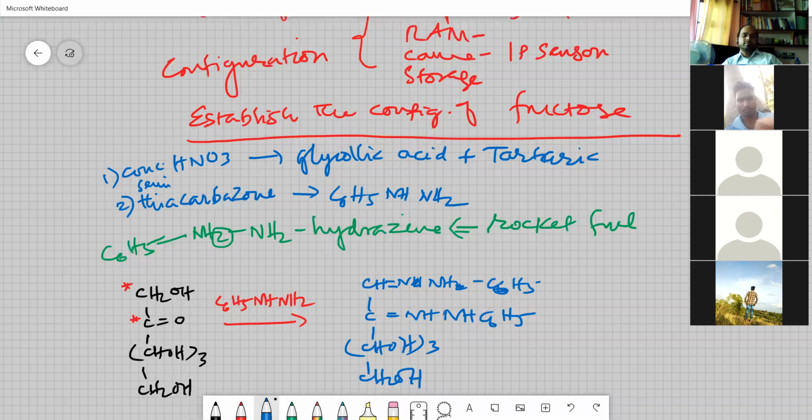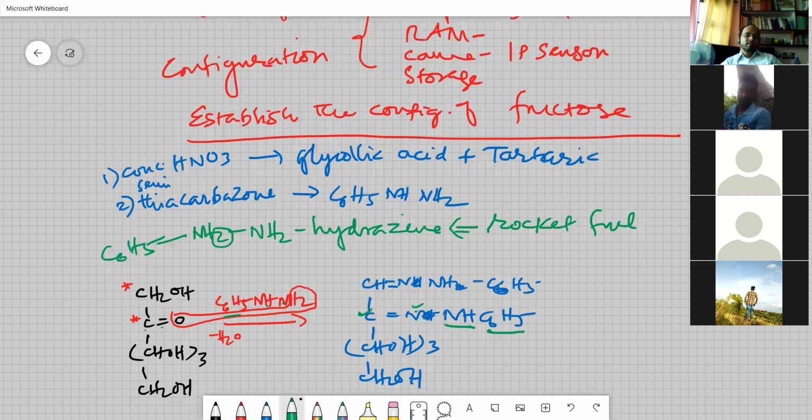Here I have to remove this hydrogen. What is happening there? I'll just explain. This oxygen atom reacts with this hydrogen atom, minus H2O. When you have that minus H2O, you get C double bond N, NH, C6H5.